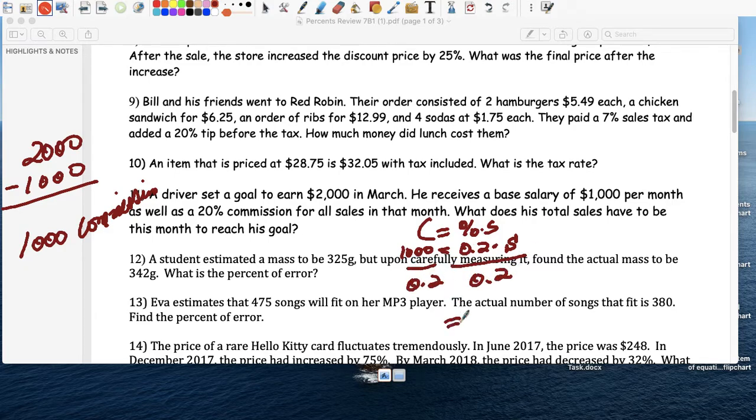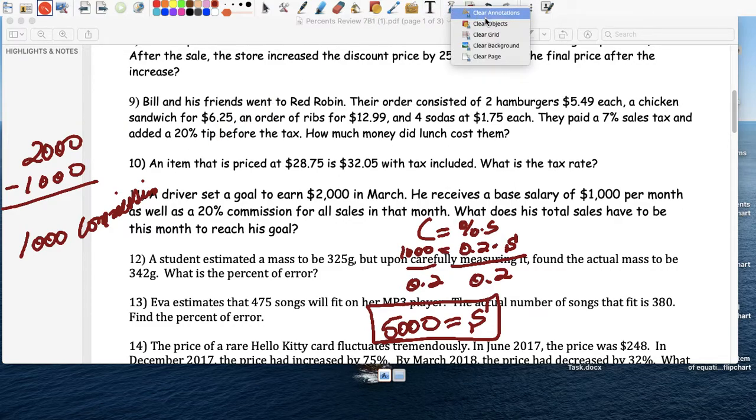My sales have to total 1,000 divided by 0.2, which equals $5,000. So whatever I'm selling at the store, I have to sell $5,000 worth of items, so I can take a check of $1,000 and add it to my other $1,000, which is what I get paid for showing up at work.